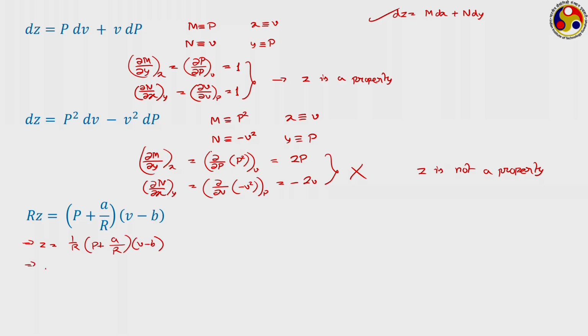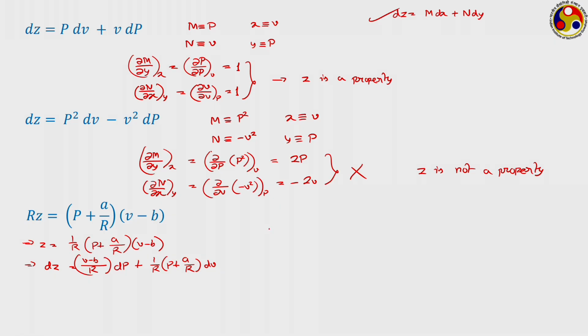Now, differentiate both sides. So, we have dz equal to (v minus b)/R dp plus (1/R) into (p plus a/R) dv.